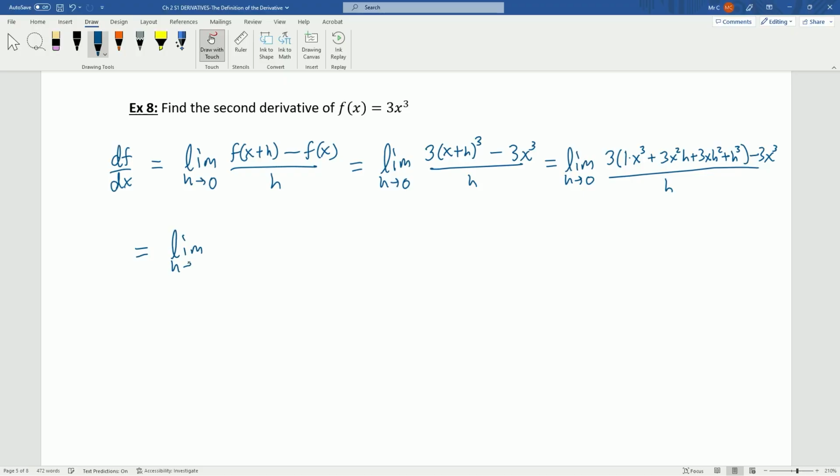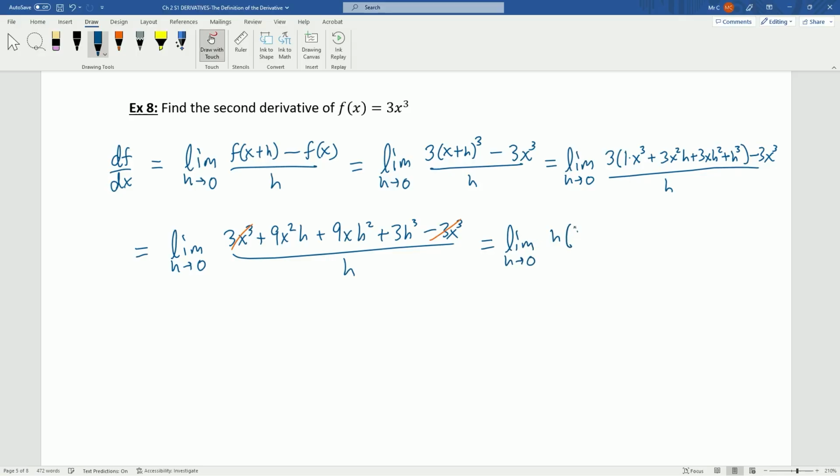And then I'm going to go ahead and distribute that 3. So I get 3x cubed plus 9x squared h plus 9x h squared plus 3h cubed minus 3x cubed all over h. And the 3x cubeds cancel. And then I'll factor an h out of the remaining terms up top.